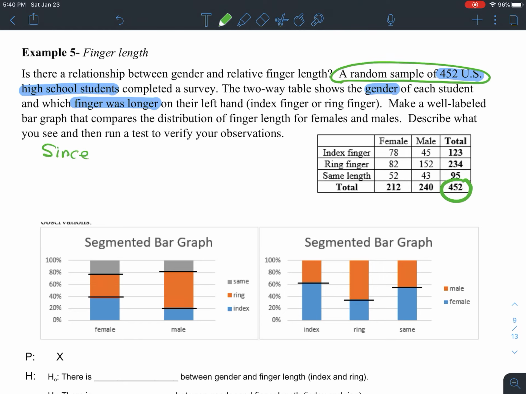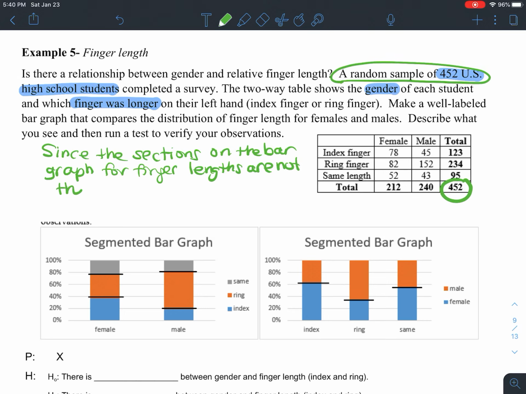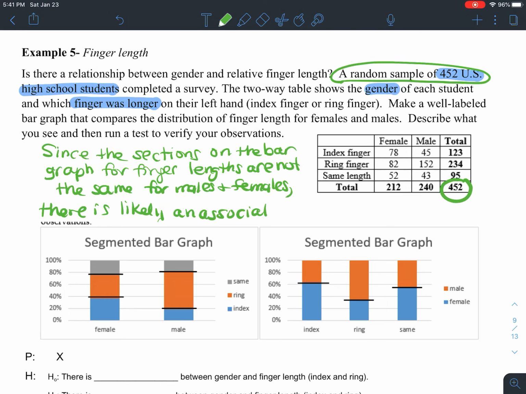So I'm going to draft up here: since the sections on the bar graph for finger lengths are not the same for males and females, there is likely, and I'm just suspecting this here, an association between finger length and gender.